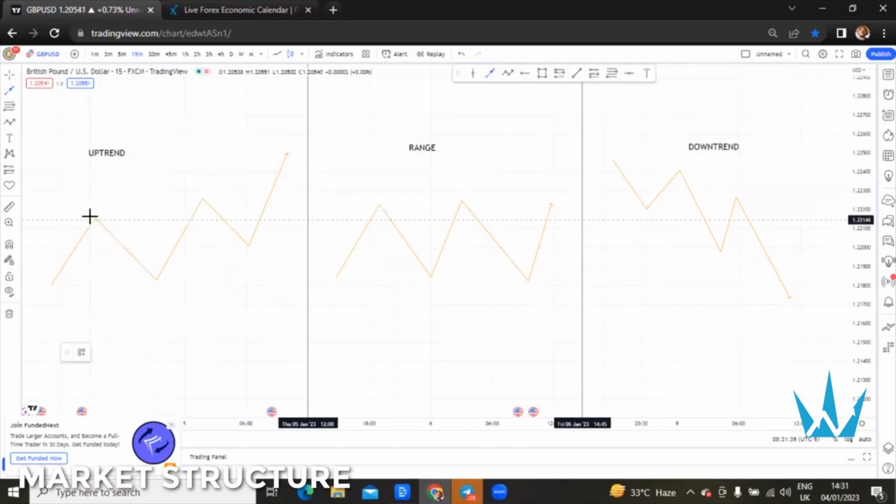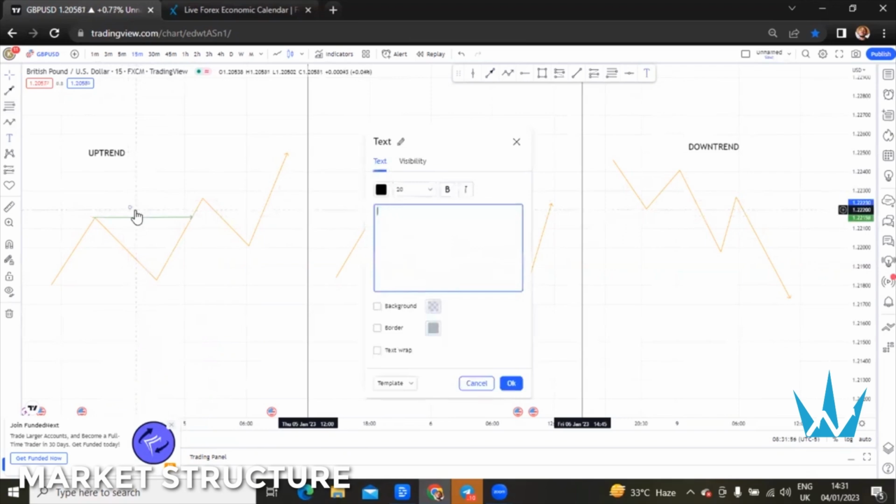Whenever a high gets taken out, you draw a line to mark it. So this high took out this high, as you can see. So here I am using this green line to mark the boundary where it crossed. So I'm going to call that a break of structure, BOS.